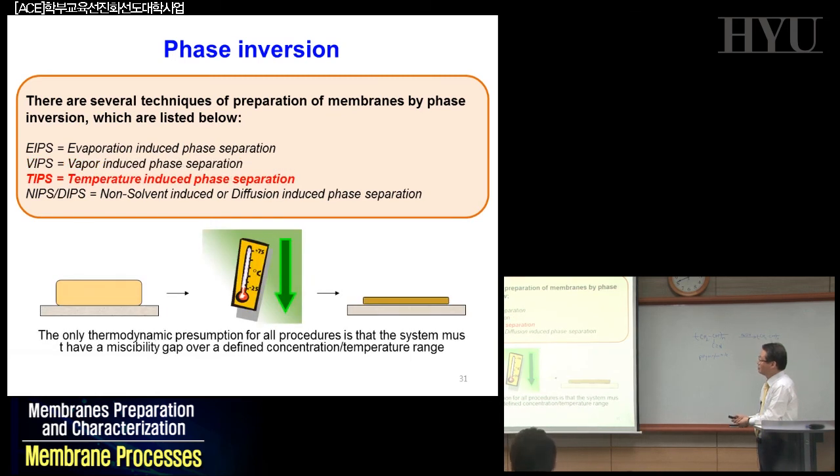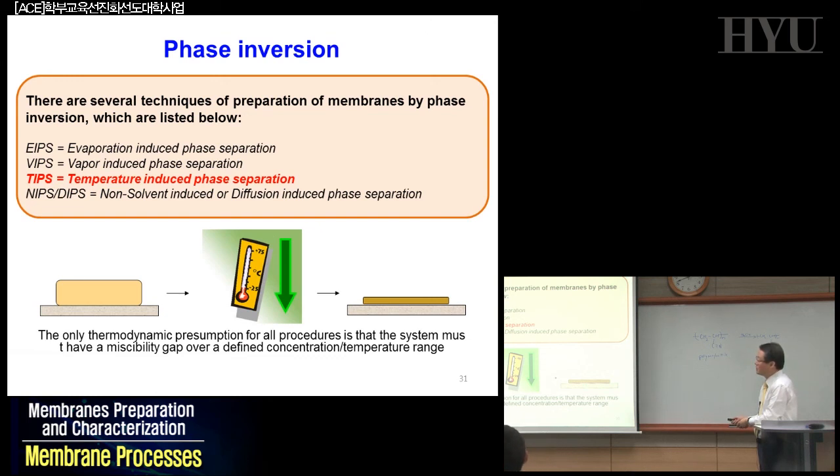Temperature-induced phase separation is the one where you first make a polymer solution at high temperature, and if you decrease the temperature, then you can induce the crystallization of the polymer, so that you can make films out of that.